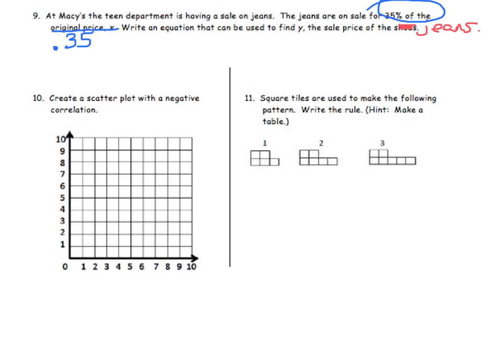Of means multiply, so 35% times X. And we're going to use that to be able to find out the sales price of our jeans. So 35% times the original price of our jeans, X, will give us Y, which is our sales price. So that's the answer to number 9.